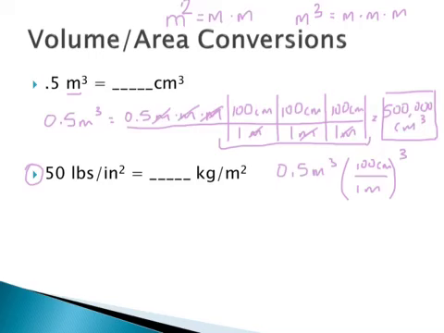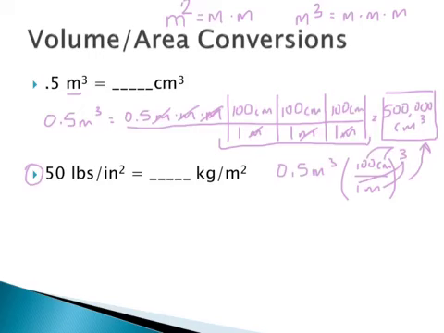Mathematically, you're cubing the 100, the centimeters, the meters, and the 1. That gives you the same answer we had above, 500,000 cubic centimeters. So this is an example of a volume conversion.